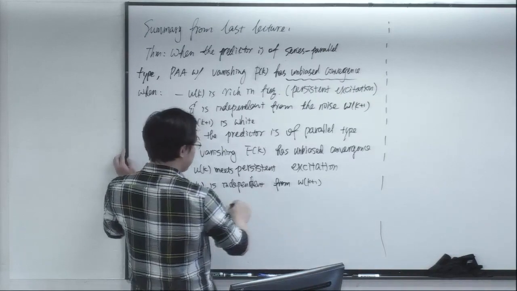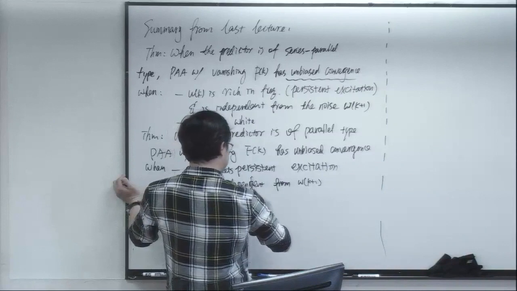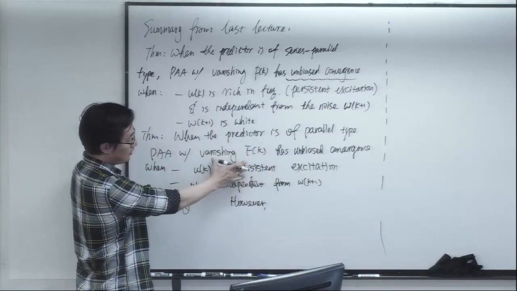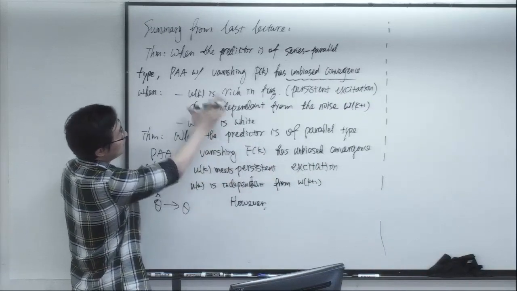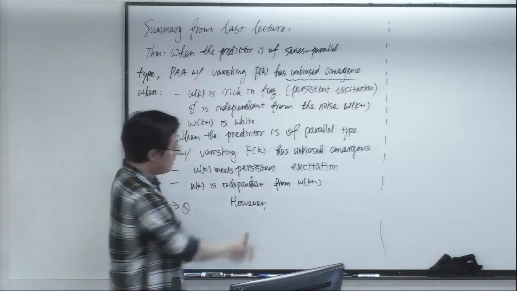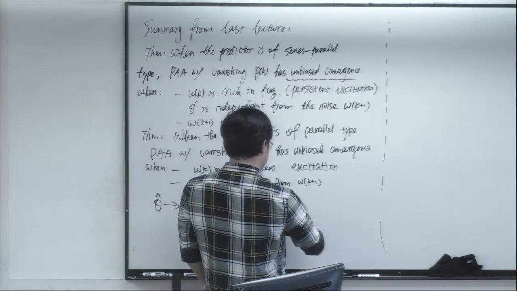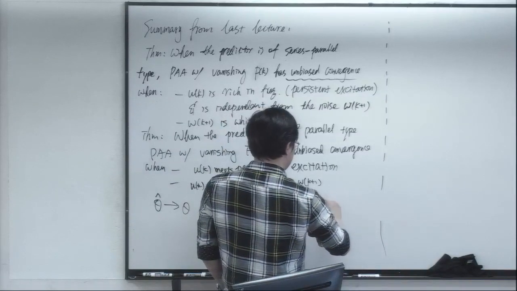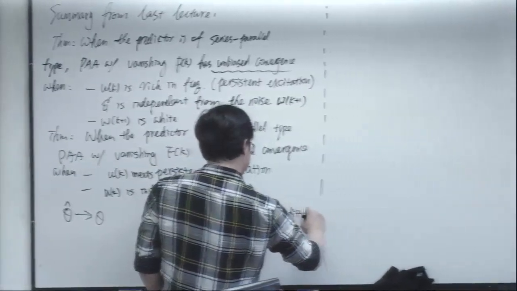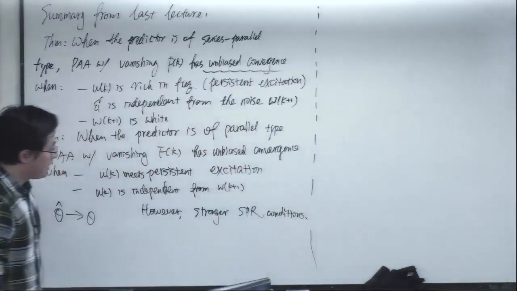However, as you can imagine, there are stronger conditions for stability analysis. For this one, recursive least squares is always guaranteed to have convergence, but the other one has a stronger SPR condition to satisfy. All right?